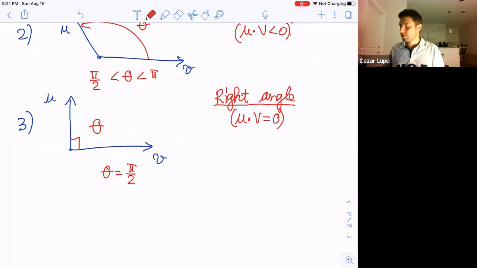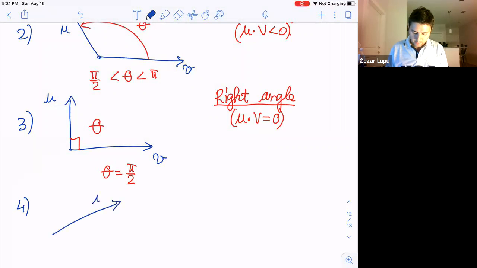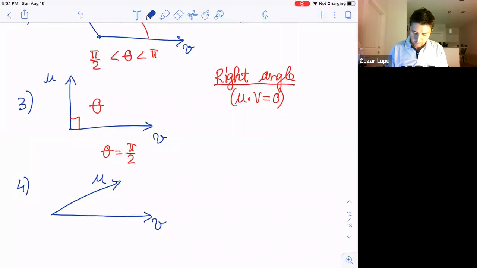The fourth situation is when we have an acute angle. So we'll have something like this. This is u, this is v, and this is theta.